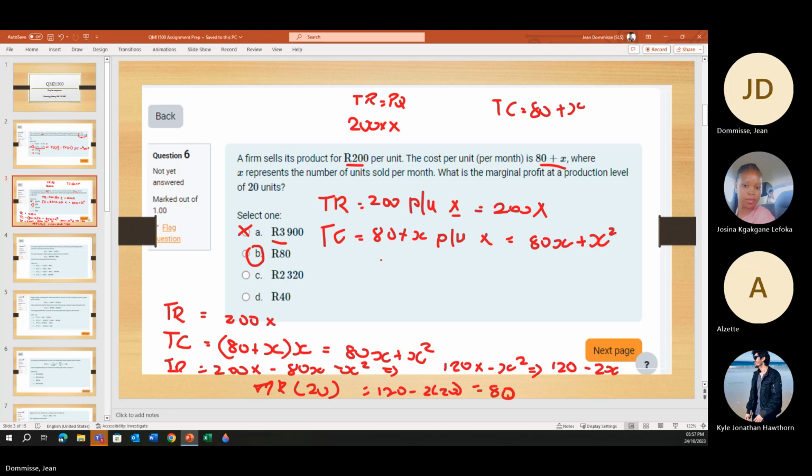Okay, and I think that's what I don't like: here they say to us it's 200 Rand per unit. Here they say to us it's 80 plus X. So that means nearly that for every unit that you create, you are paying more.